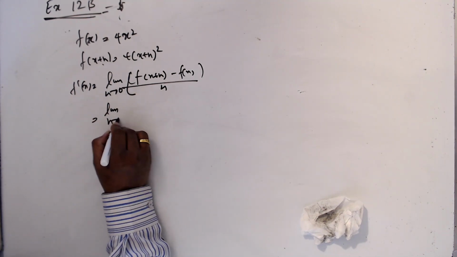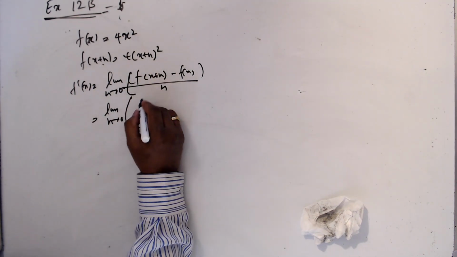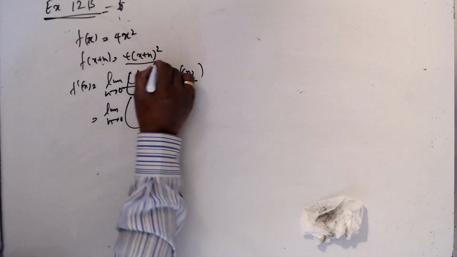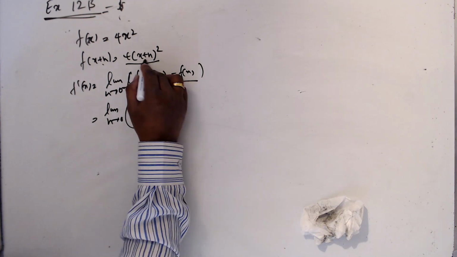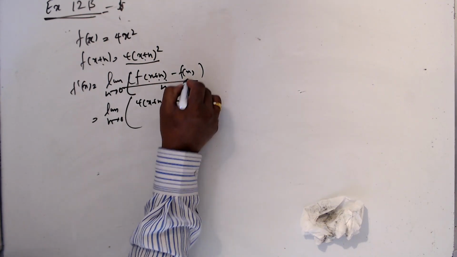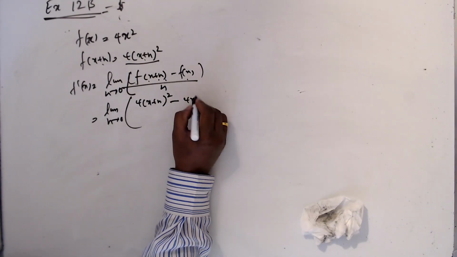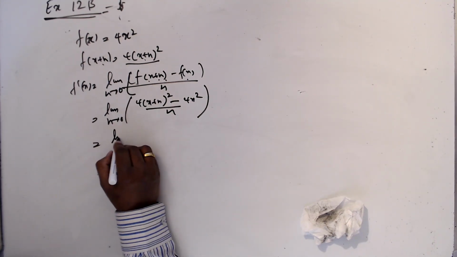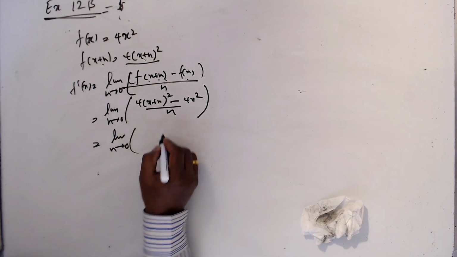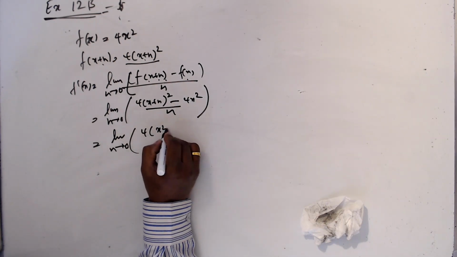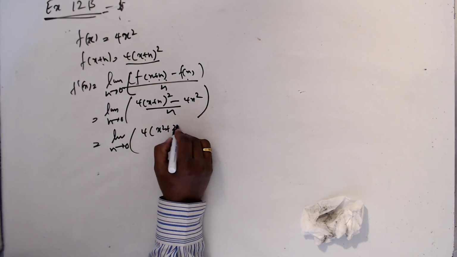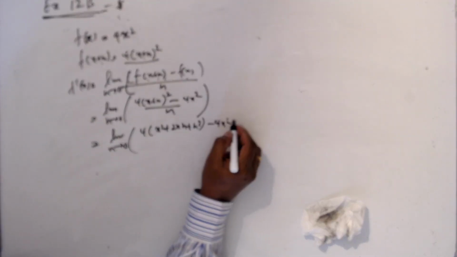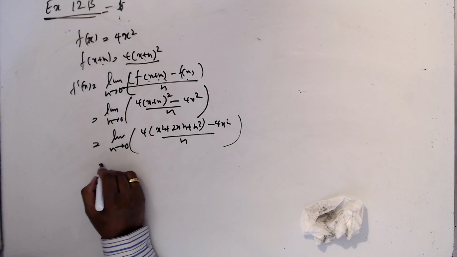The limit as h goes to 0 of 4 times (x plus h) square, since f(x plus h) means 4 times (x plus h) square and f(x) means 4x square. Then the limit of 4 times x square plus 2xh plus h square, minus 4x square, over h.